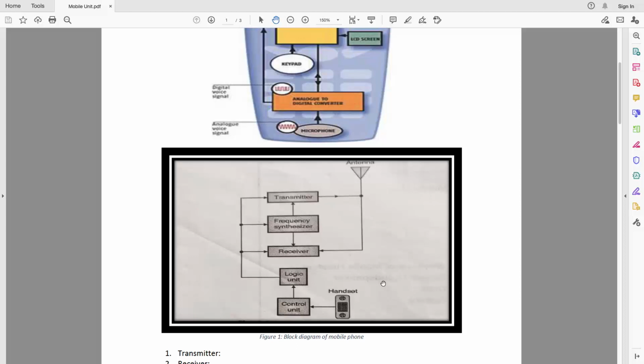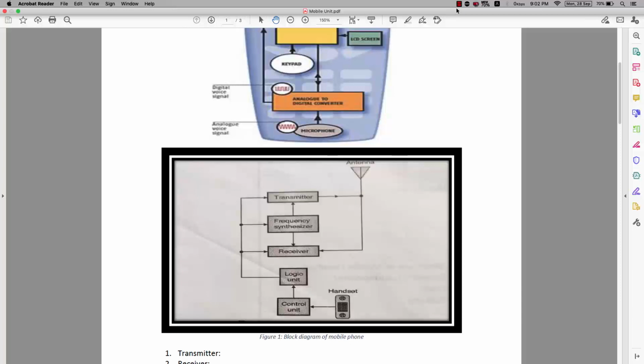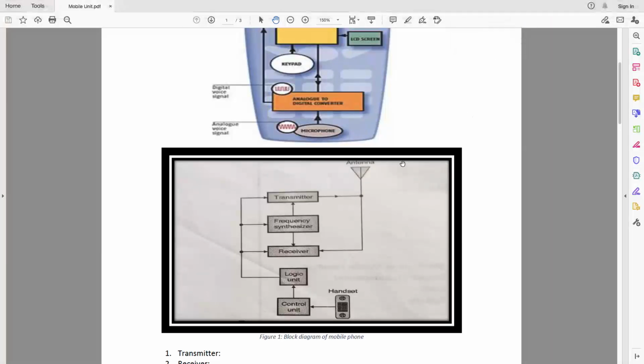To provide sufficient power to each and every hardware unit, the power unit is mostly responsible. So in this way, this is the block diagram which shows the overall working of a mobile phone.